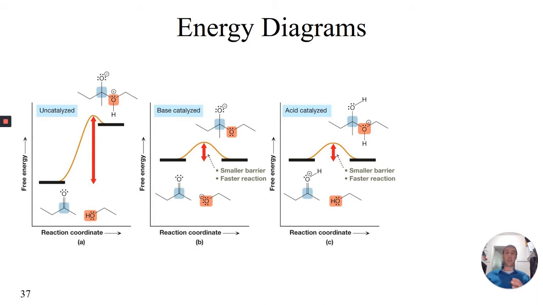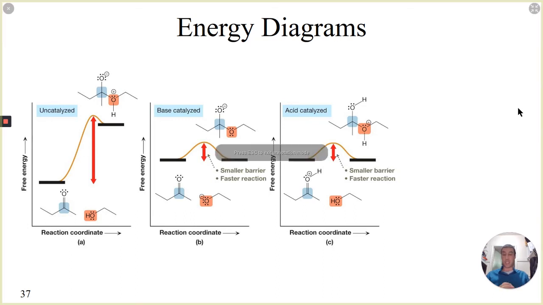Okay. We could look at this through energy diagrams. So if we were going to evaluate uncatalyzed reactions versus base or acid catalyzed, the uncatalyzed is going to be a really high activation barrier because you're forming charged intermediates right out of the gate. When that nucleophile first comes in and attacks, you've got that oxygen now losing electrons, so it thereby becomes positive. And then we get that top oxygen gaining electrons, thereby becoming negative.